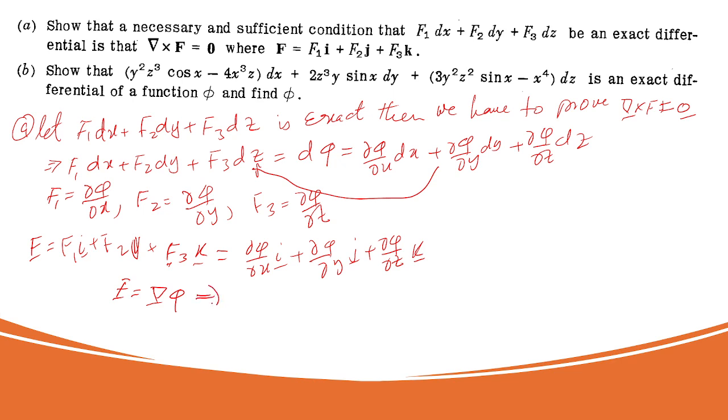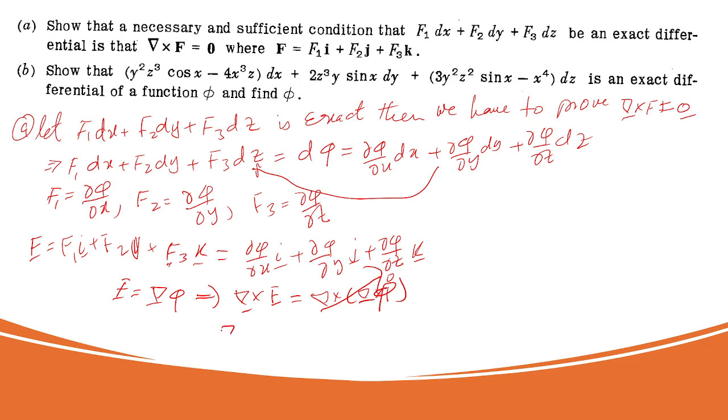So taking the curl on both sides, you see these are two vectors in the same direction, so this is 0. Curl of grad phi is 0.